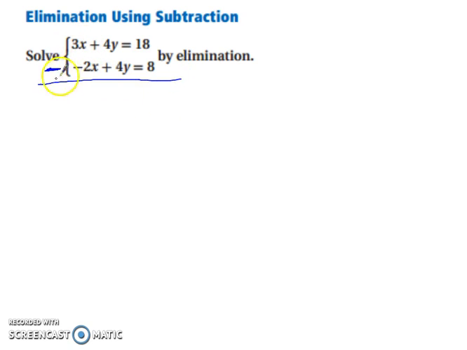So 3x minus negative 2x leaves you with a positive 5x. You have no y's. And then we have 18 minus 8, which leaves 10. So x must be 2.